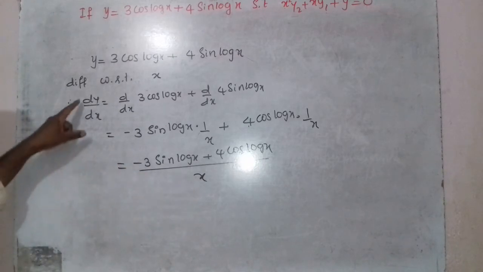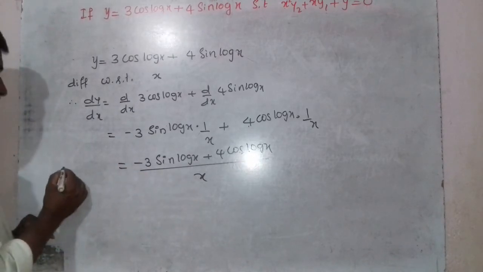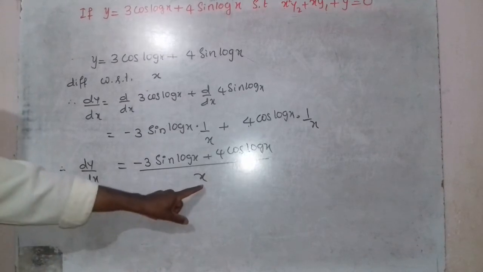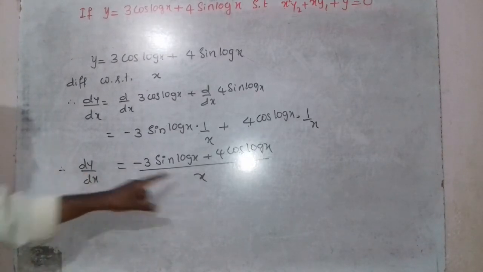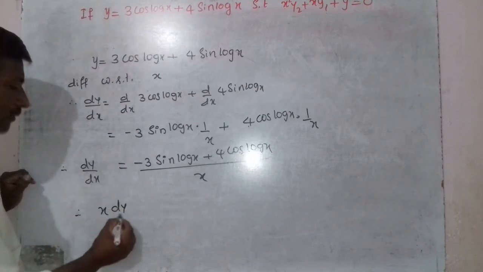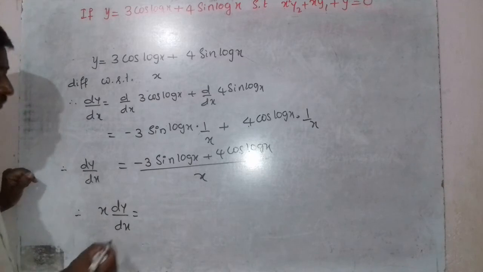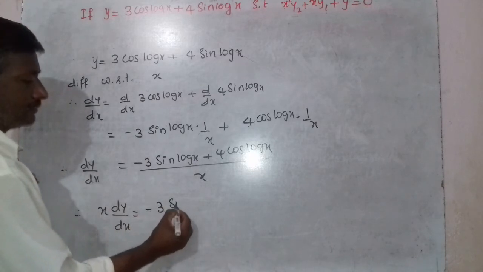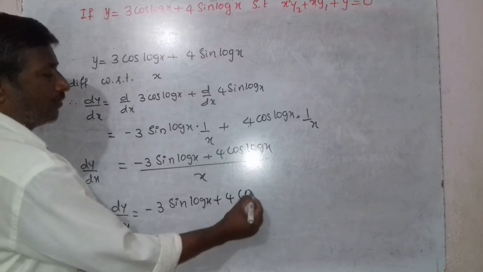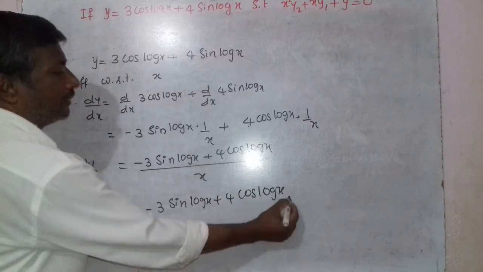Cross multiply, therefore x dy by dx equal to minus 3 sin log x plus 4 cos log x.